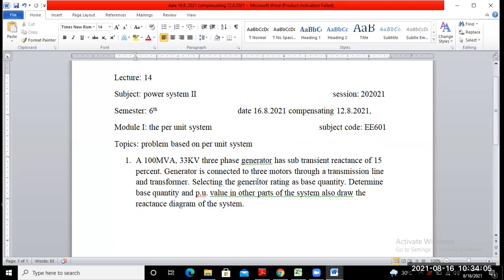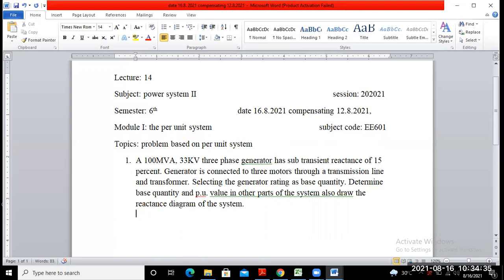That means selecting the generator rating as the base quantity. Whatever the generator rating specified here, you are bound to choose as the base quantity. This is the problem provided to you. So the base kilovolt is nothing but the rated voltage of the generator.